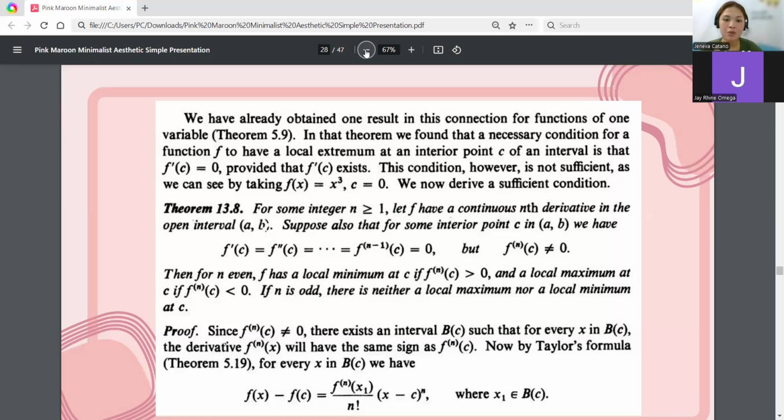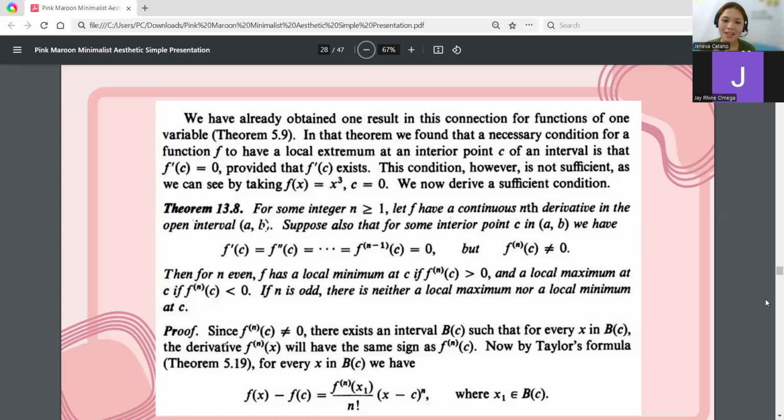Theorem 13.8. For some integer n greater than or equal to 1, let f have a continuous nth derivative in the open interval (a, b). Suppose also that for some interior point c in (a, b), we have f'(c) = ... = f^(n-1)(c) = 0, but f^(n)(c) is not equal to 0.